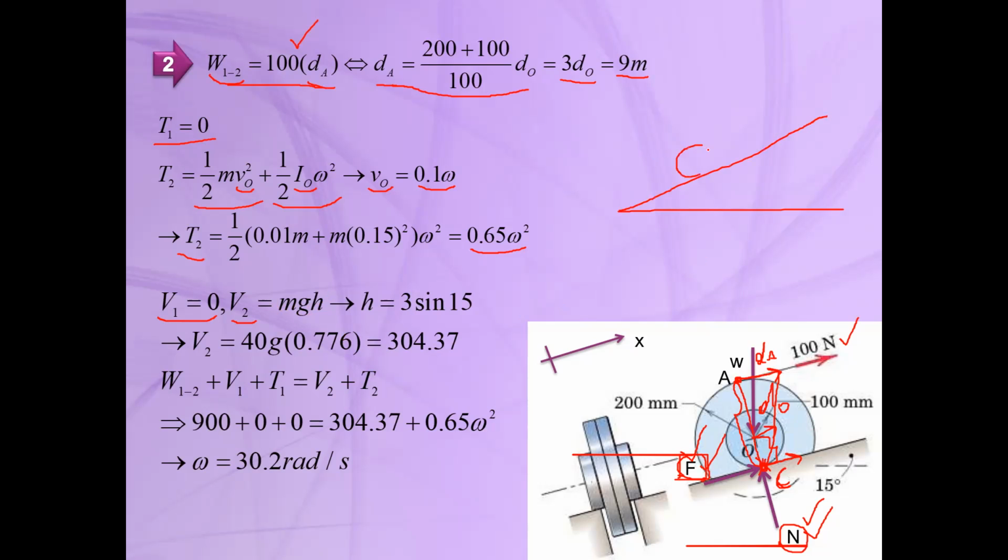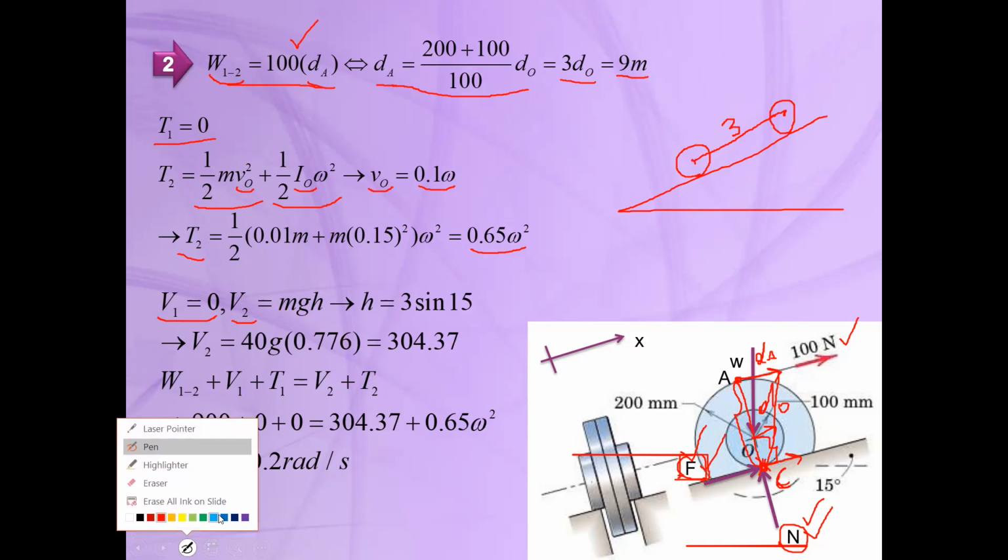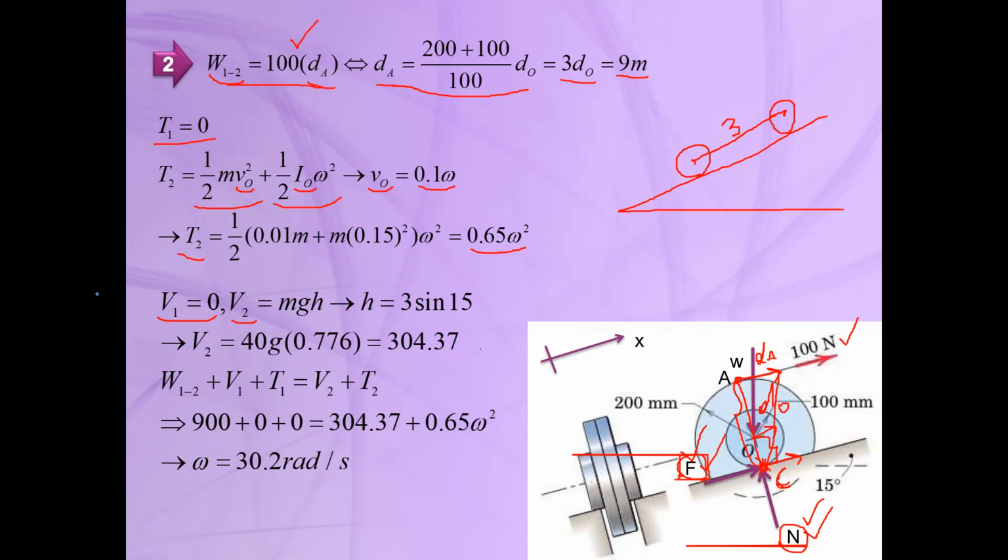This is the initial position for the wheel. This is moving 3 meters in the direction parallel to the incline. So this red line is 3 meters, but the change in the vertical position of this center is equal to this length. Let me show you.